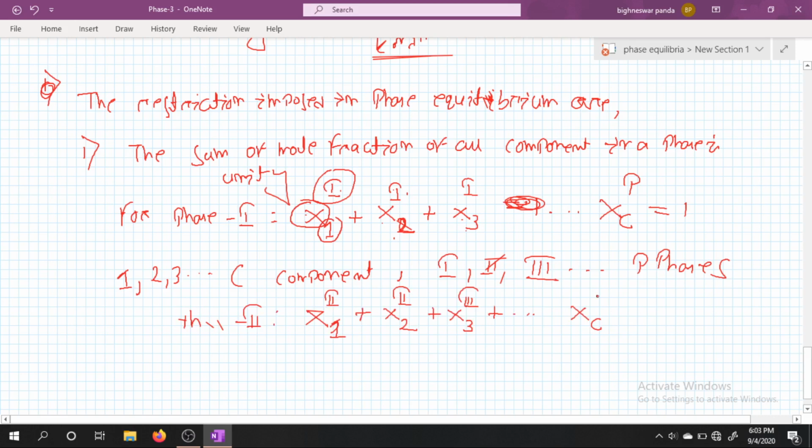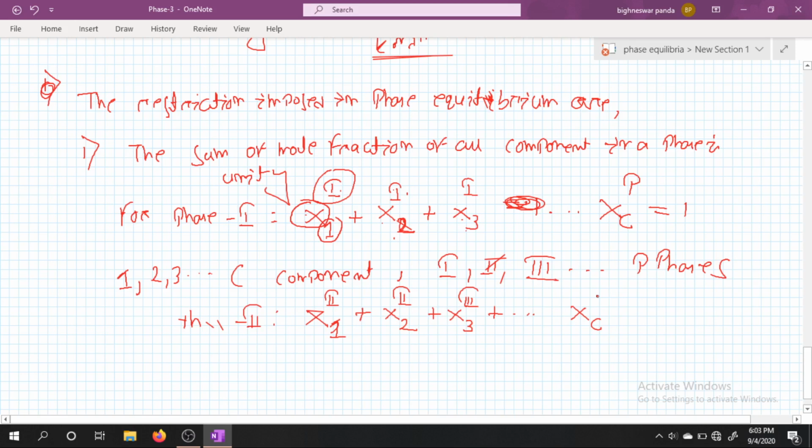So if I have P phases, then I can get P equations. If I have one phase, I get one equation. For two phases, two equations. If I have P phases, then I can easily get P equations.